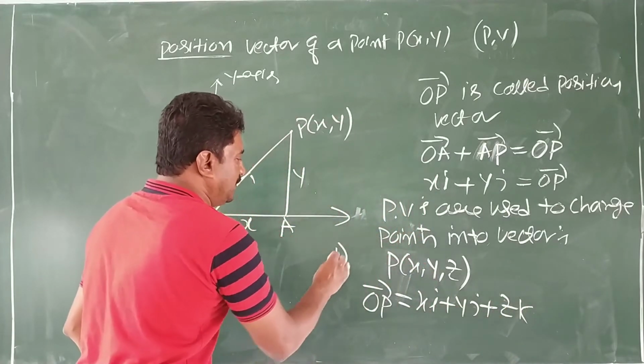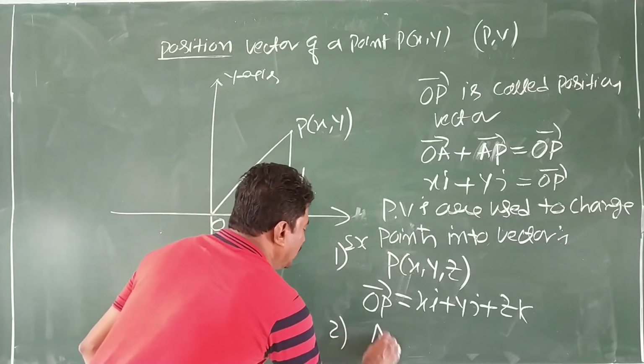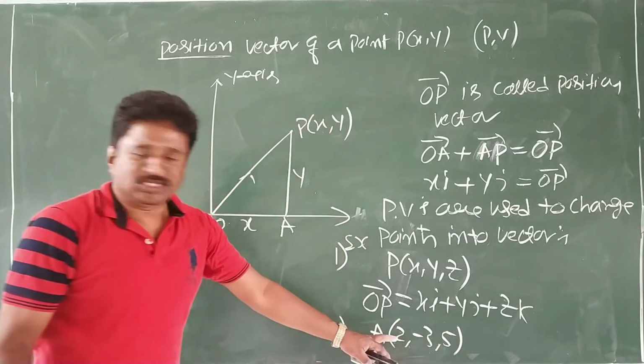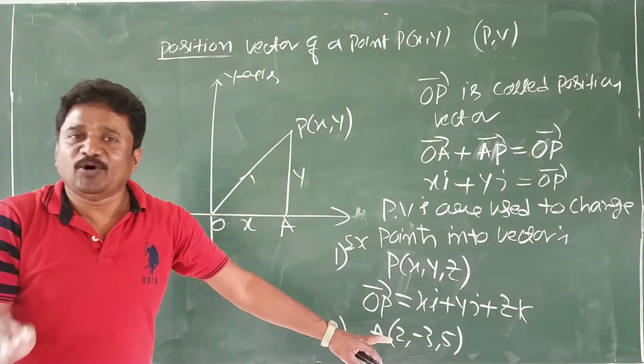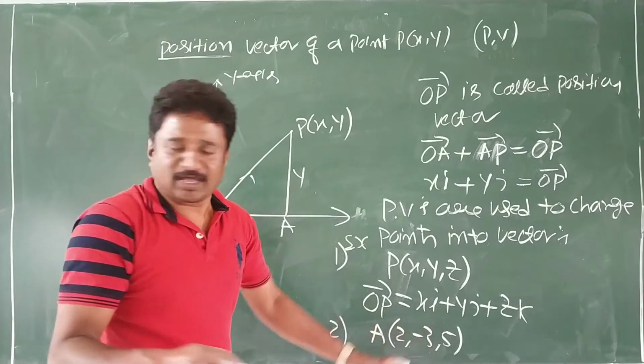One more example. If I take A(2, -3, 5), how do you change this point into a vector? Vector OA.